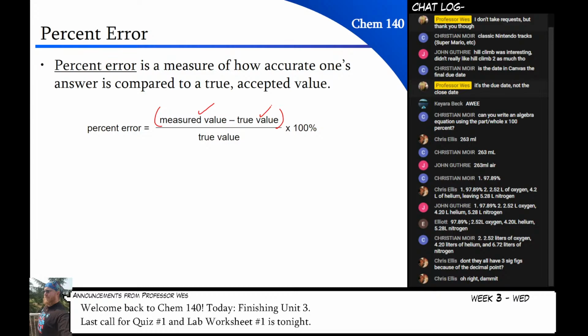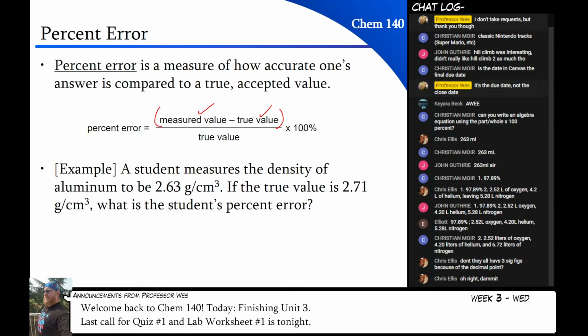The measured value is going to be whatever you acquired as a number. The true value is what we have accepted as being true. So let's do this example together, and I'll show you where the sig figs come into play. Because everyone screws this up. In fact, if you just look at these two numbers, 2.63 and 2.71, how many sig figs should the answer have?